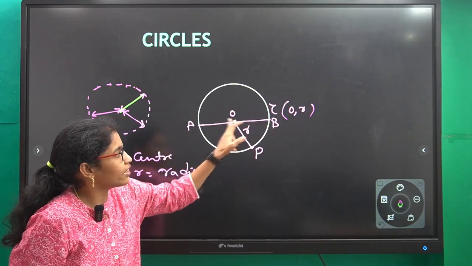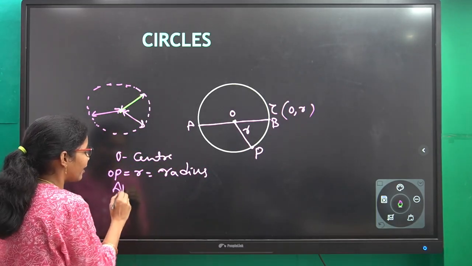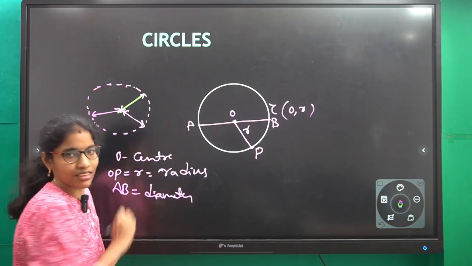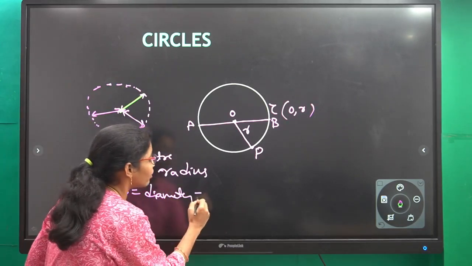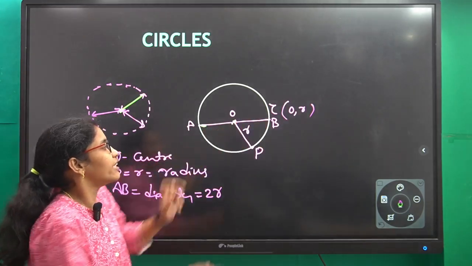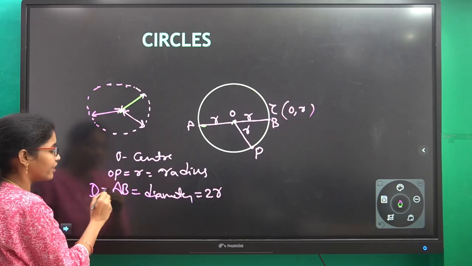It touches the center. This AB is called the diameter. Diameter is always 2 times the radius. This is also a radius, this is also a radius, so r plus r, 2r, is equal to the diameter, right?